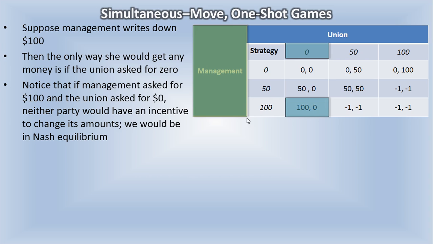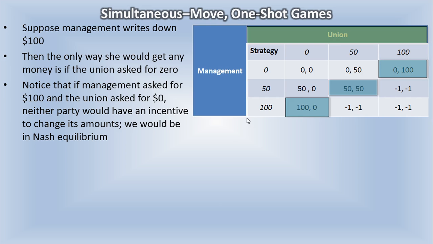So if the union chose 0, management obviously would want to choose 100. And if the union chose 50, then management would want to choose 50 because that's the highest payoff there. And if the union chose 100, then management would want to choose obviously 0. And then taking the perspective of the union, in response to the management choosing 0, what would the union choose? 100, right?